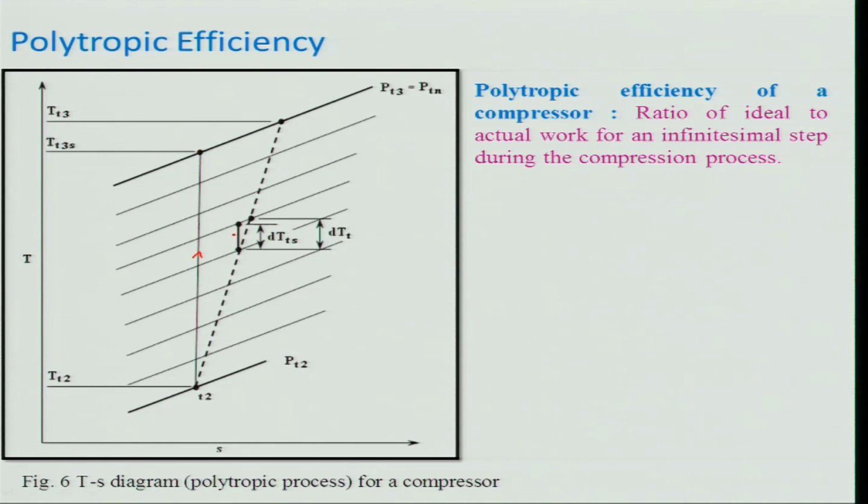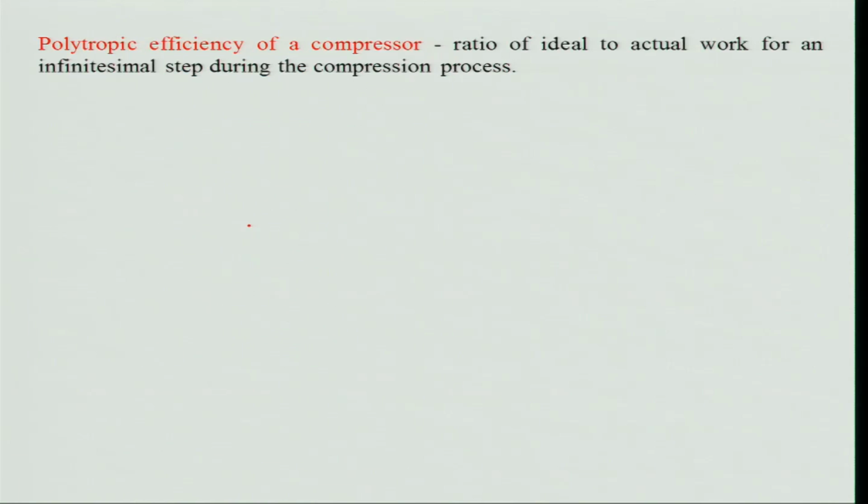What I am saying is that in a very infinitesimal step, let us say this is P_t and this is P_t plus dP_t, where dP_t tends towards 0, infinitesimally small. Then we will define this and connect the polytropic efficiency to the isentropic efficiency across the entire compression consisting of a number of stages. So, let us do that.